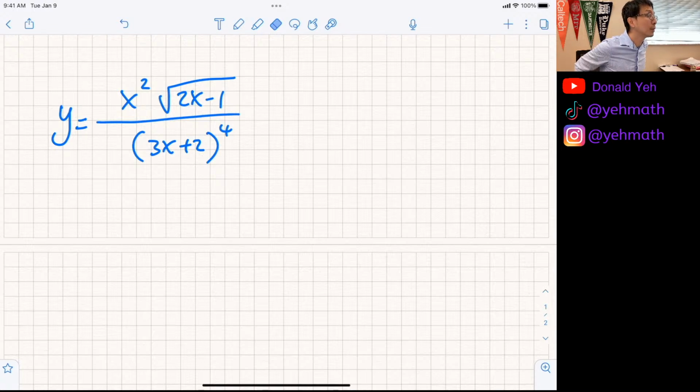Yes. Would you use natural log on both sides? Yeah.